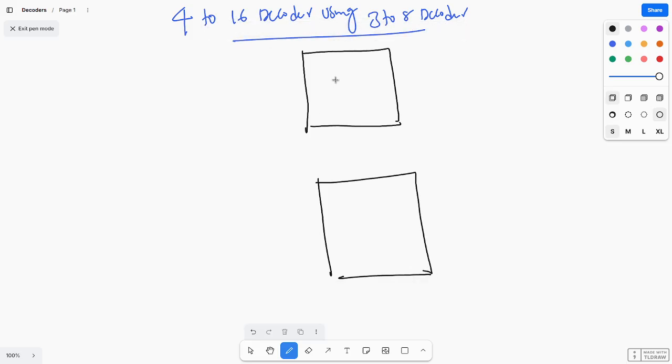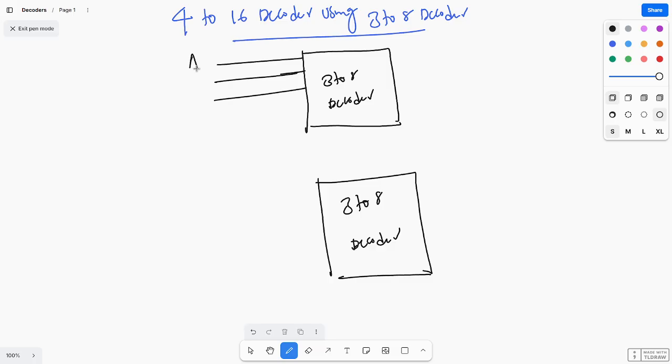Okay, so this is a 3 to 8 decoder, and this is also one 3 to 8 decoder. And how many inputs? Suppose 3 inputs are common for these two decoders.